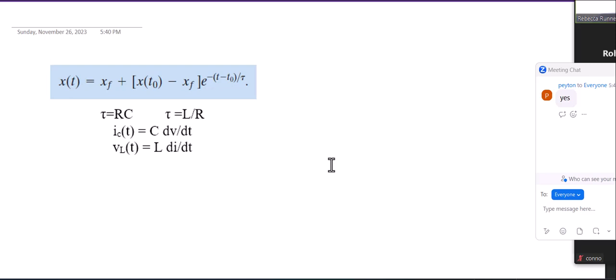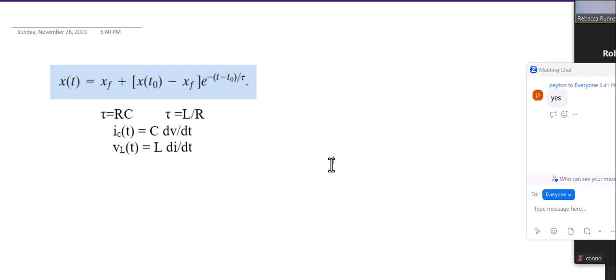Now, you have in your book the formula for, say, voltage across a capacitor.